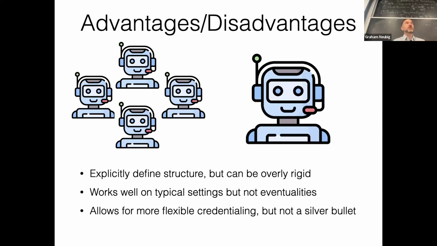Which is what I just said. They allow for more flexible credentialing, but they're also not a silver bullet because you still have this agentic system, and language models are surprisingly creative at finding ways to get their jobs done.